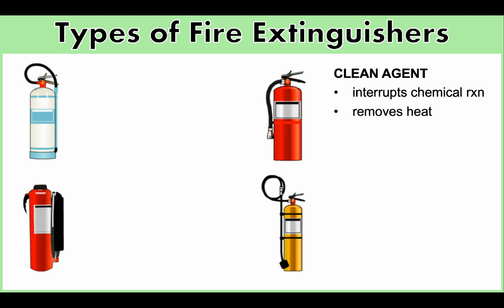Clean agent extinguishers are effective on Class A, B, and C fires. Smaller sized handheld extinguishers are not large enough to obtain a 1A rating and may carry only a Class B and C rating. If you are curious, halon is a so-called clean agent.